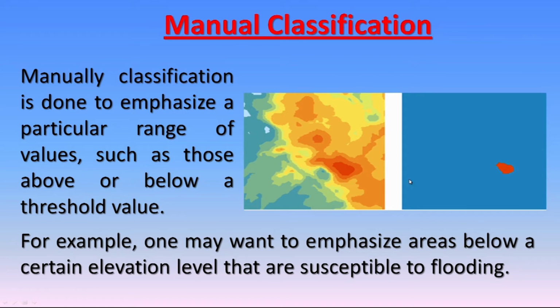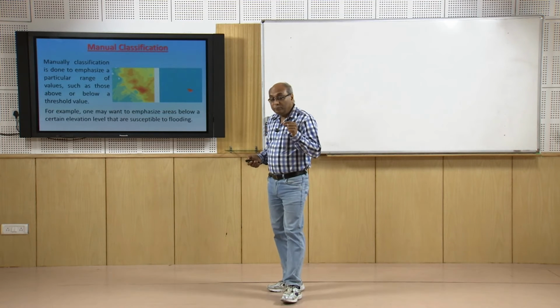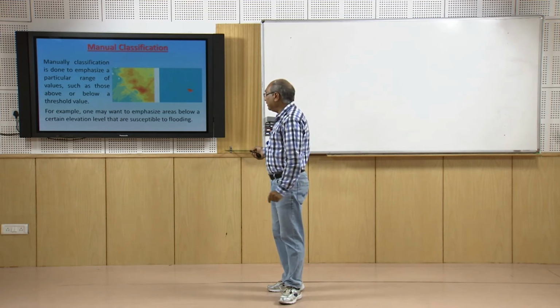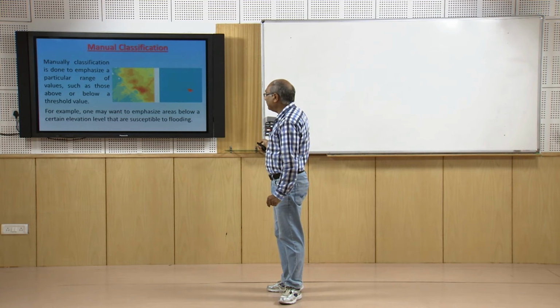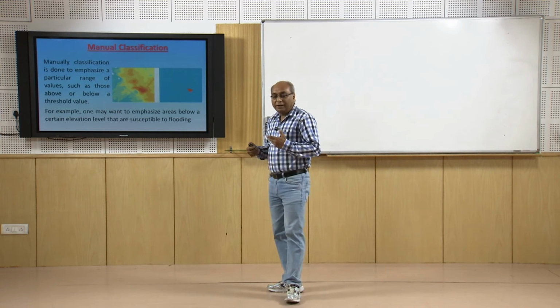Maybe because of flooding, if inundation occurs, we know that water can reach up to a certain level, and so the areas which would remain safe during that kind of flooding are reflected here, and the rest of the area will get inundated.